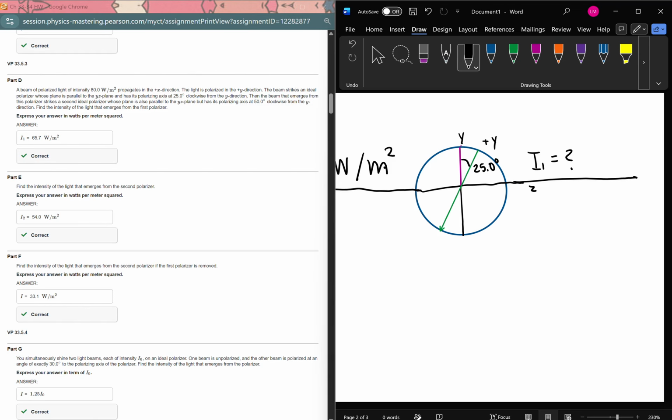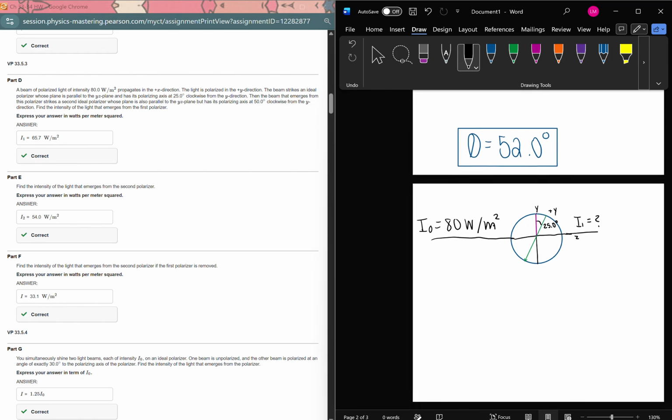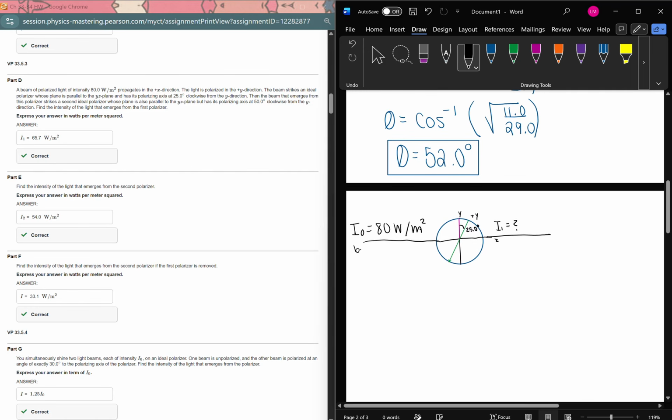So let me see if I labeled everything correctly. That's the beam. Okay, so the light travels in the positive x direction, and its electric field is initially polarized in the positive y direction. So up here.